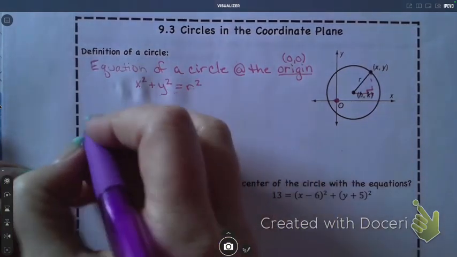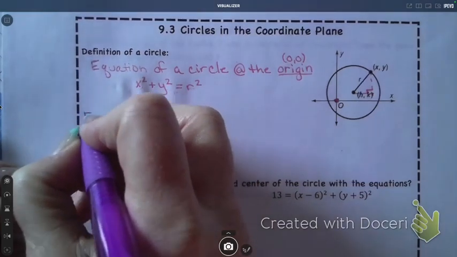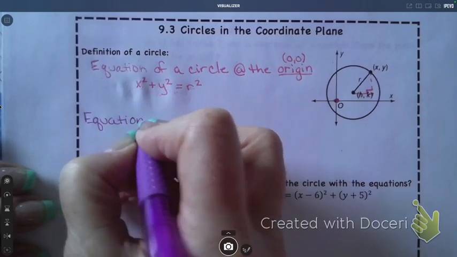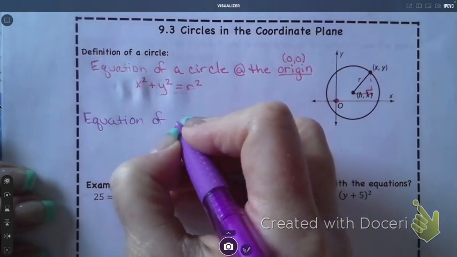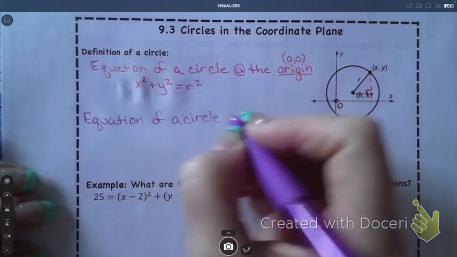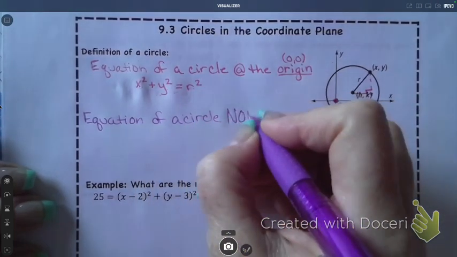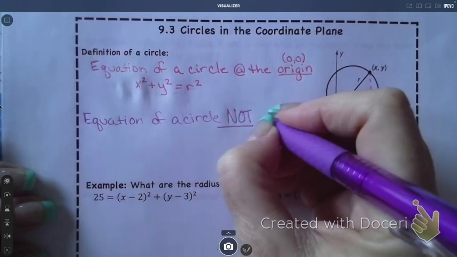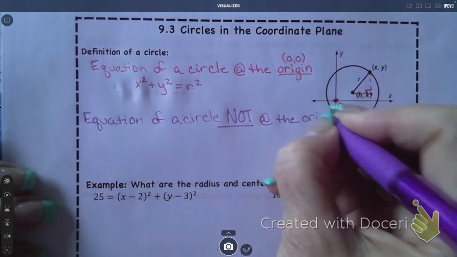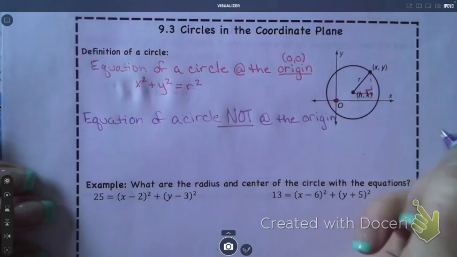Well, not everything's at the origin, is it? So the equation of a circle not at the origin. Okay?